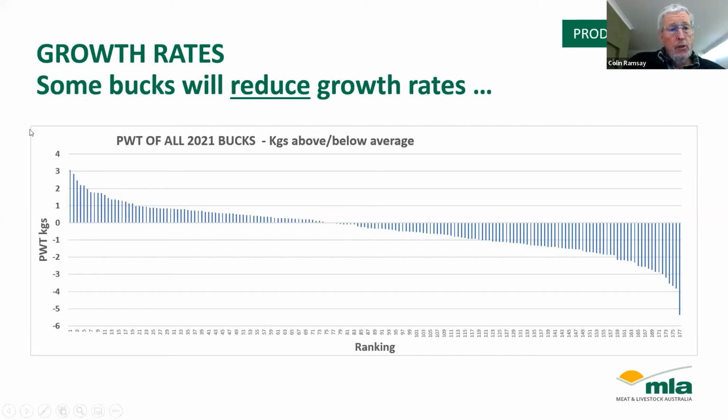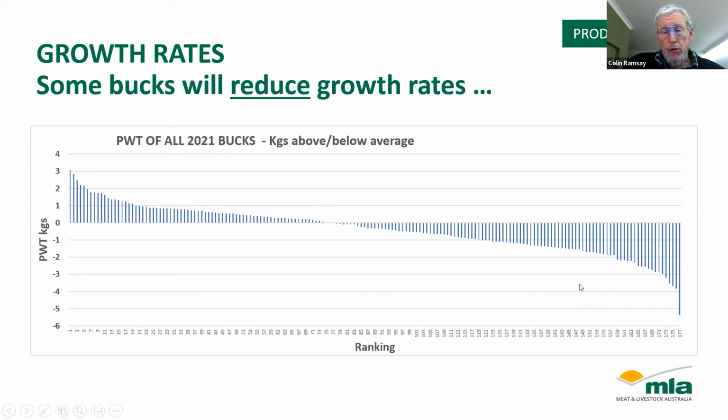The best ones would throw kids which would average at 9 months old 2 to 3 kilos above benchmark, and the ones down here, sorry, I can't see them on my screen, but from memory they're minus 3 or 4.